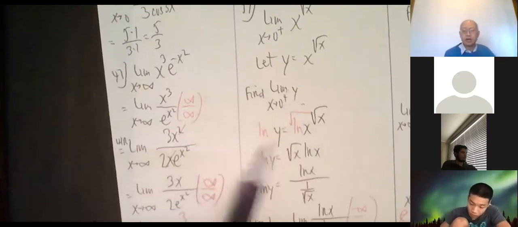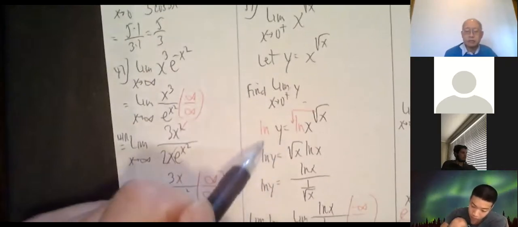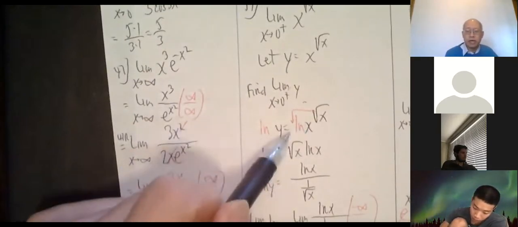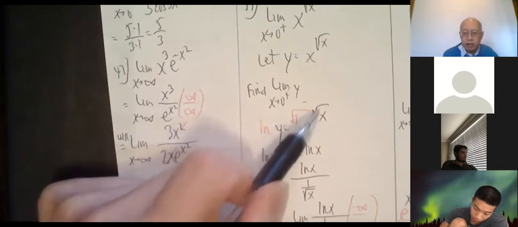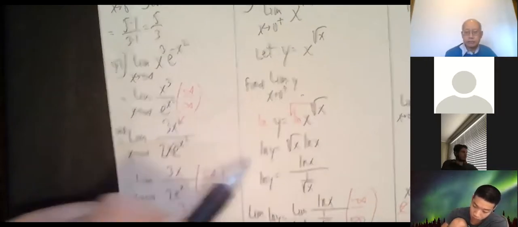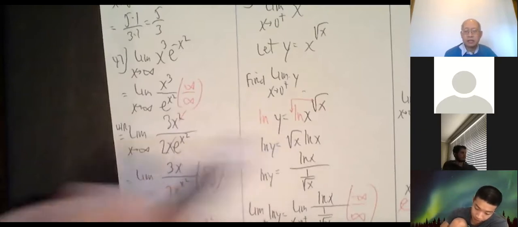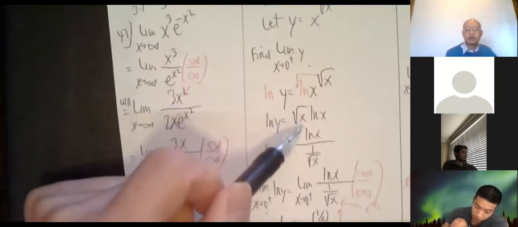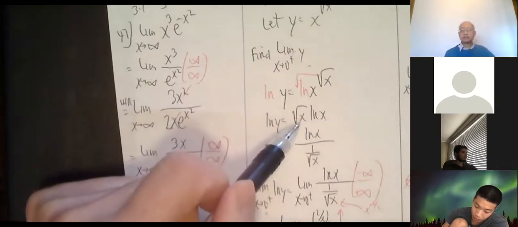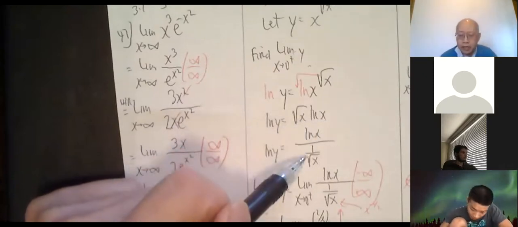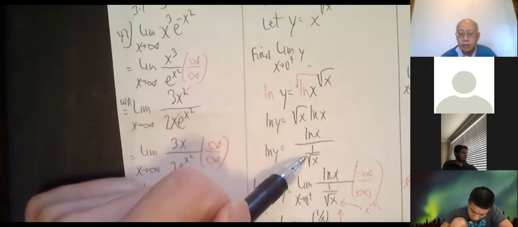Then we play the same trick of taking the natural log of both sides. ln y equals ln x to the radical x. Bring the radical x down. So ln y equals radical x ln x, which I'm going to choose again. Now that doesn't look like a fraction, so I force it like so. Right?